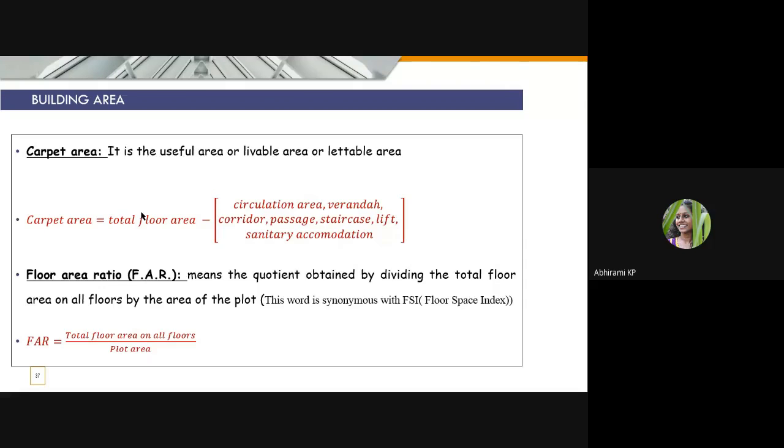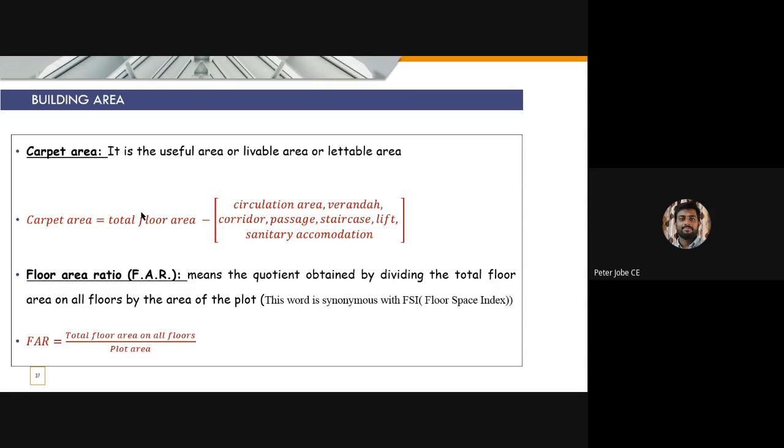So in between the walls of the building. Are you confused with the exterior wall? That means, are you confused with the compound walls with the building wall? We are talking about a building, not a compound. So floor area of a building is actually the area in between the walls of that particular building.